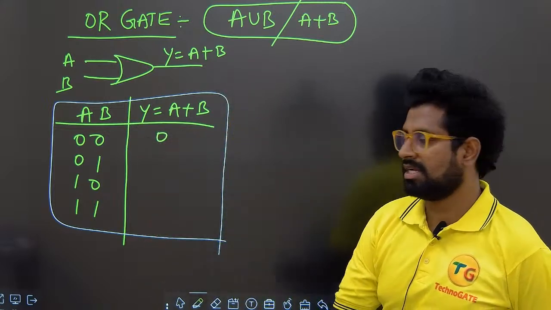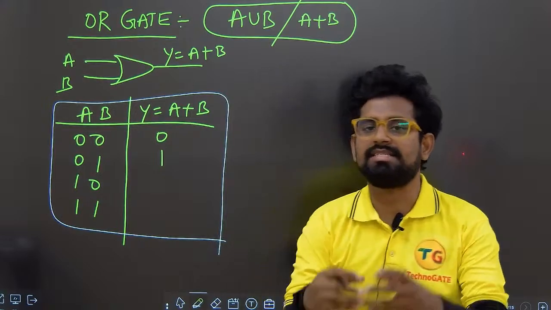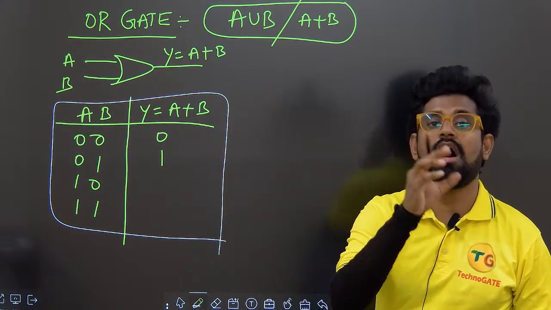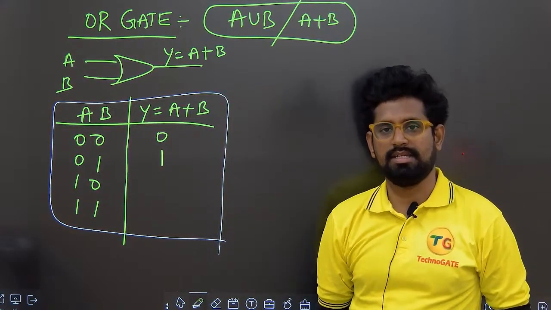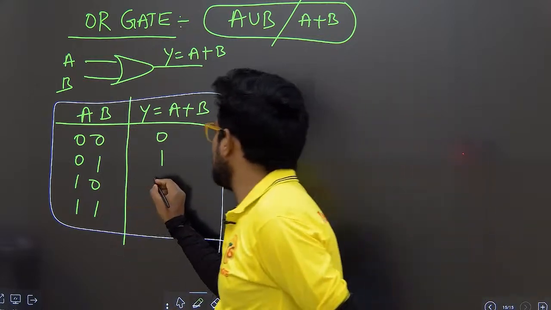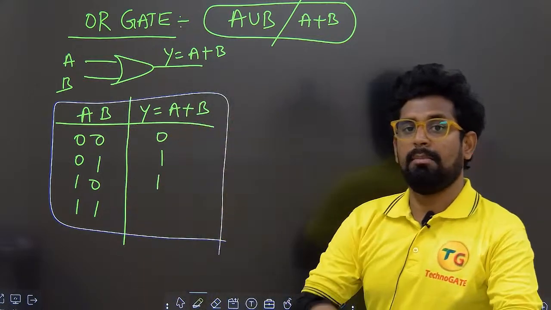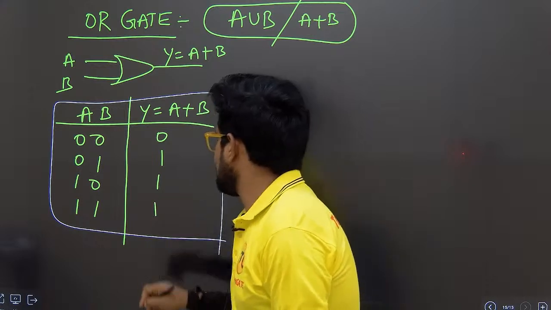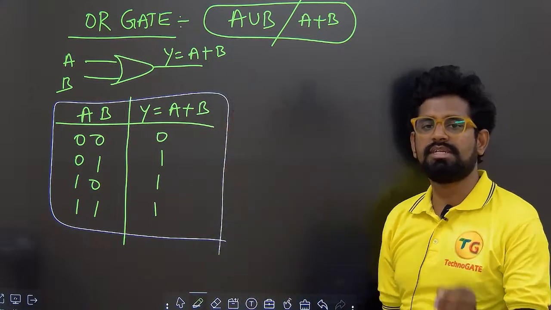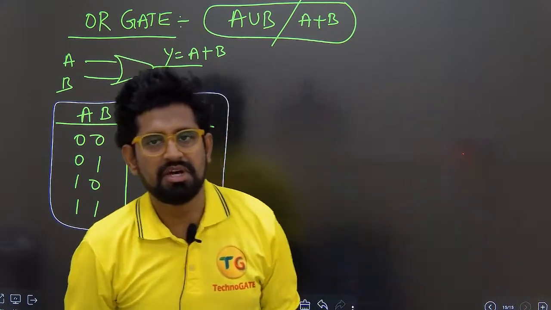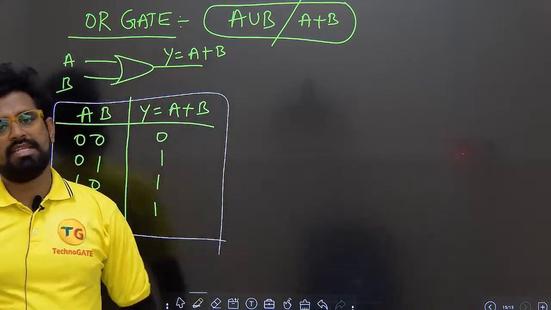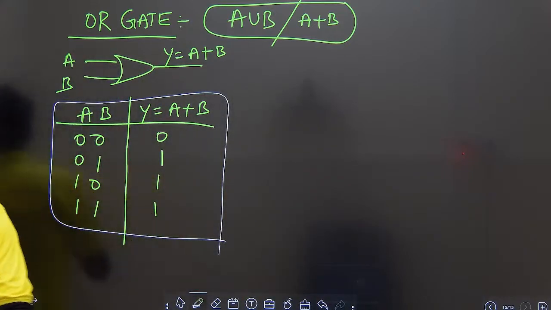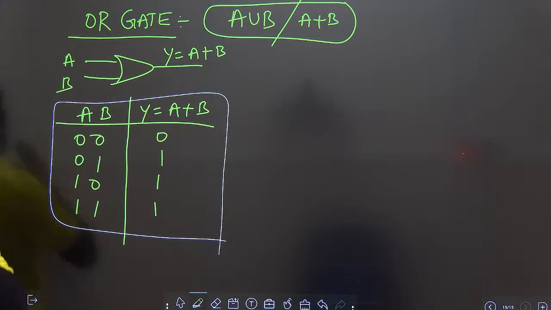Second day, A absent, B came, I will take the class, because I said that if A or B comes, I will take the class. Third day, A only came, I will take the class. Fourth day, both of them came, then also I will take the class. This is 0 plus 0, 0 plus 1, 1 plus 0, 1 plus 1. So note down this truth table of OR gate.